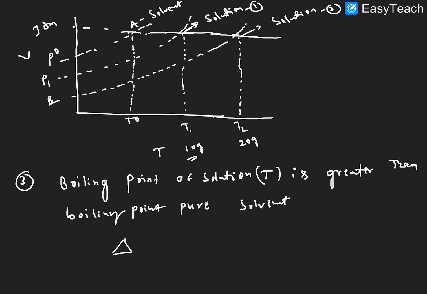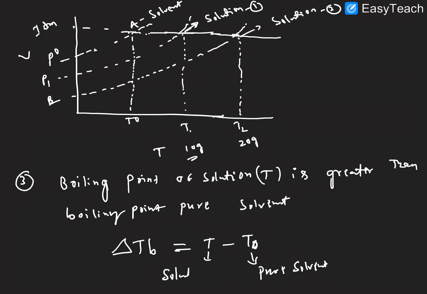So what is the difference between boiling point and elevation of boiling point? Elevation of boiling point is delta TB, which is the boiling point of solution, that means T, minus T naught, the boiling point of pure solvent.